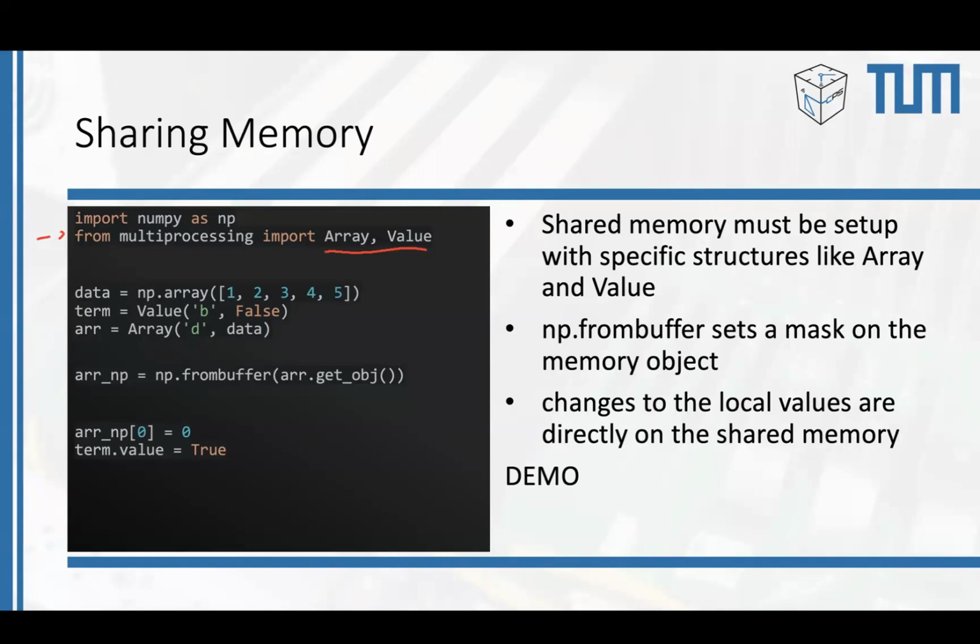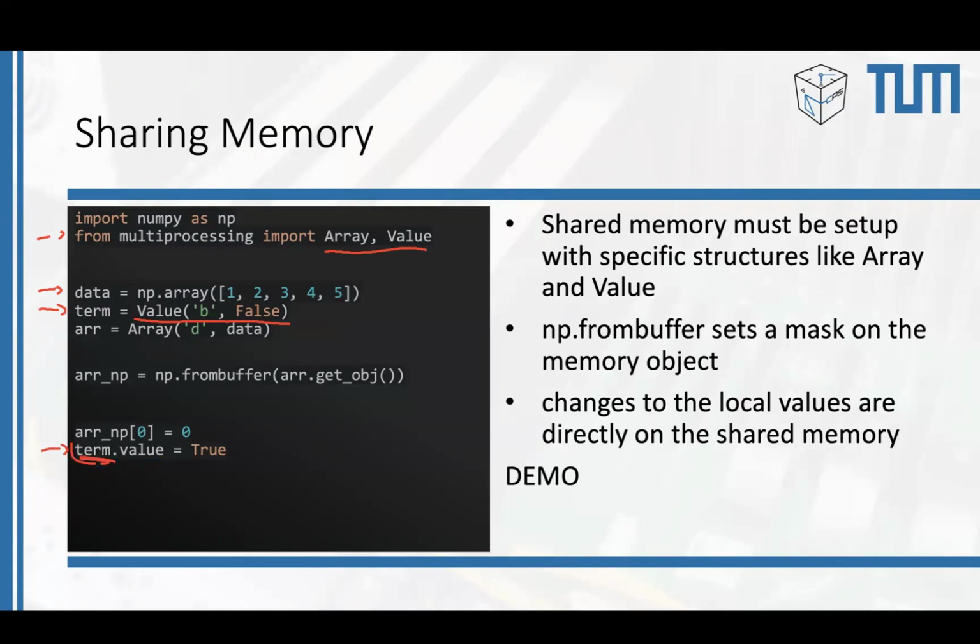I have two examples here. One is an array and one is a Boolean. Let's look at the Boolean first. I define this shared value as Boolean, b, with initial value False. Once I've defined it like this, I can access it from processes that have this pointer.